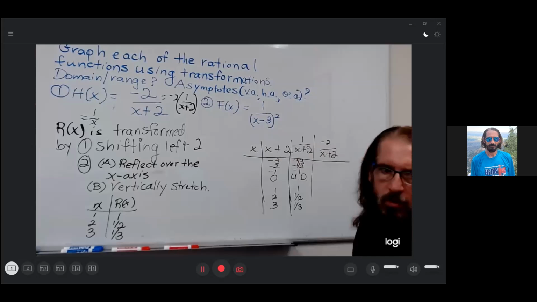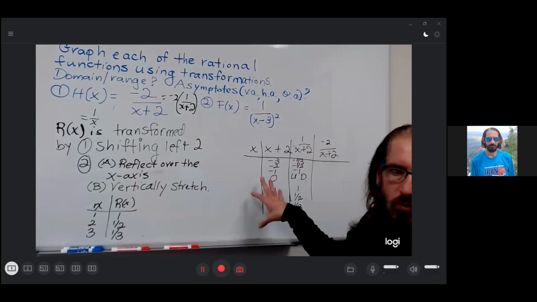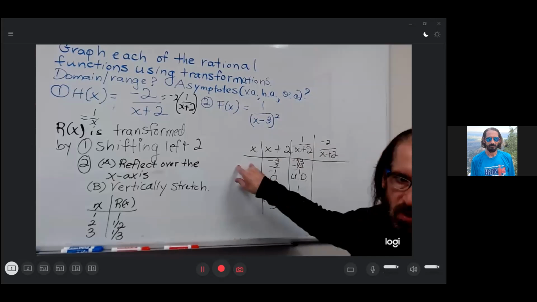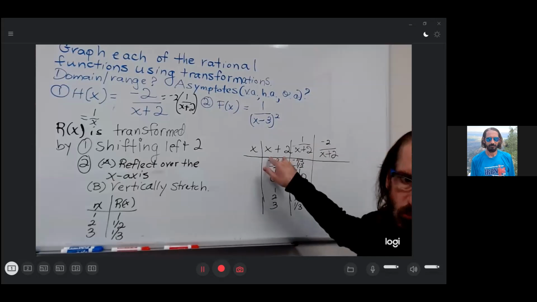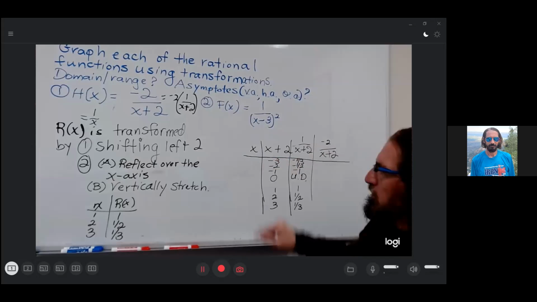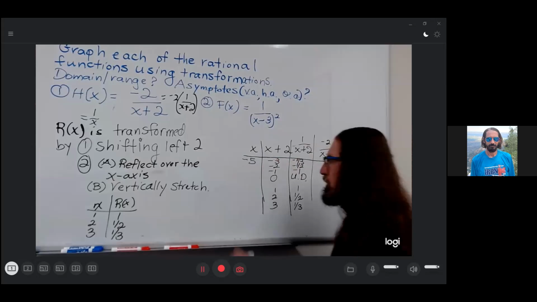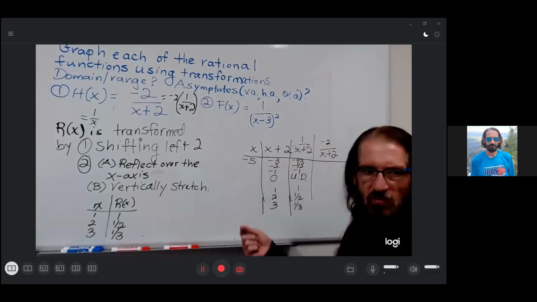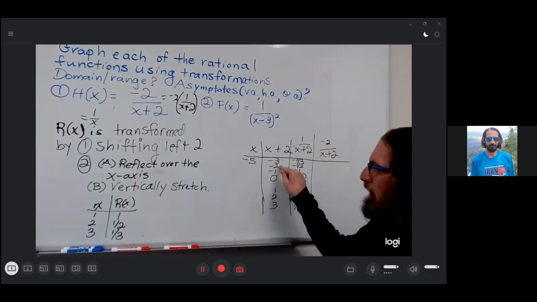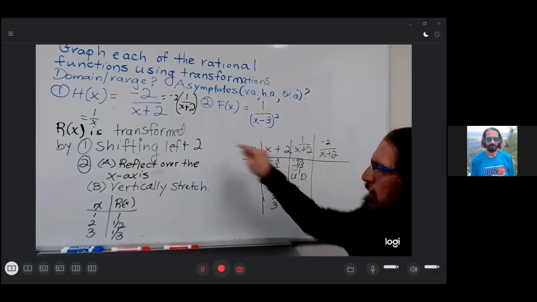You have to work backwards to find out what we're putting in for x then. Either do some algebra, solve x plus 2 equals -3. Well, you'd subtract 2 from both sides and get x equals -5. But isn't that the same as going left of -3 by 2 units?